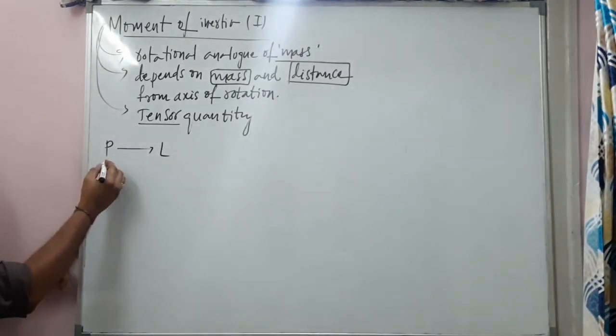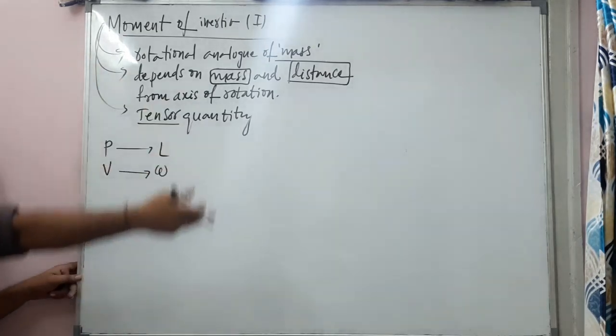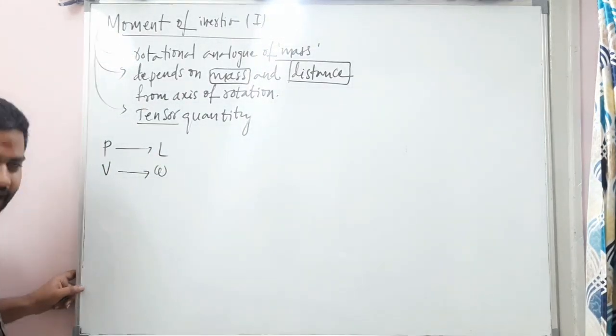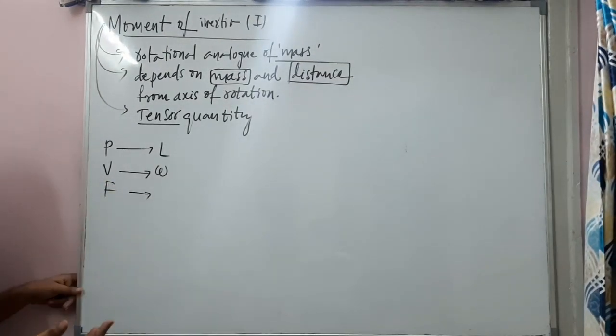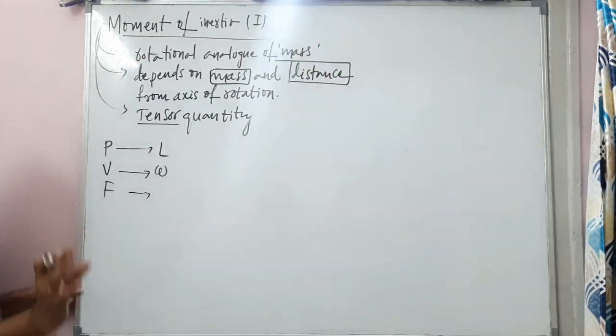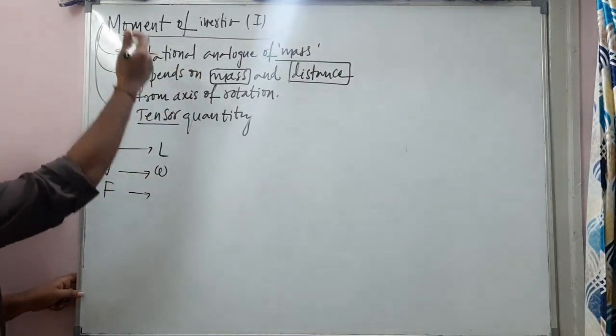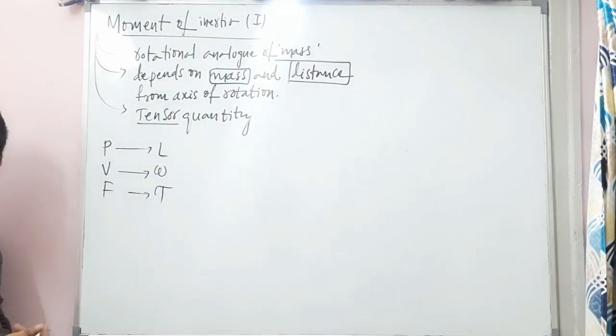For example, linear velocity will be written as angular velocity in rotatory motion. And the force acting on a body in linear motion can be written in rotational motion as the torque tau.